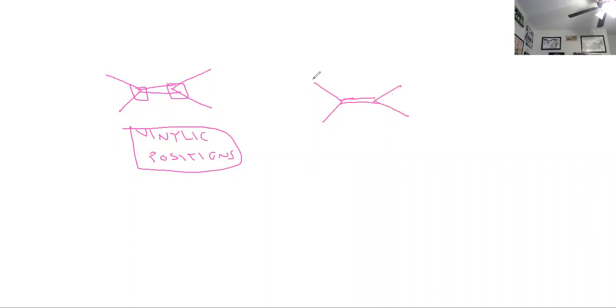These are both vinylic positions because they're directly attached to the pi bond. But if we take the same molecule and consider these positions, these carbons are next to the pi bond. That's why we called it an allyl system. These are the allylic positions.